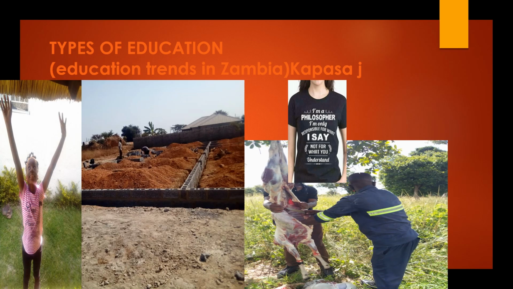So going by the outline that we gave out, today we'll be looking at, since we did look at aims of education, our next topic should be objectives of education.